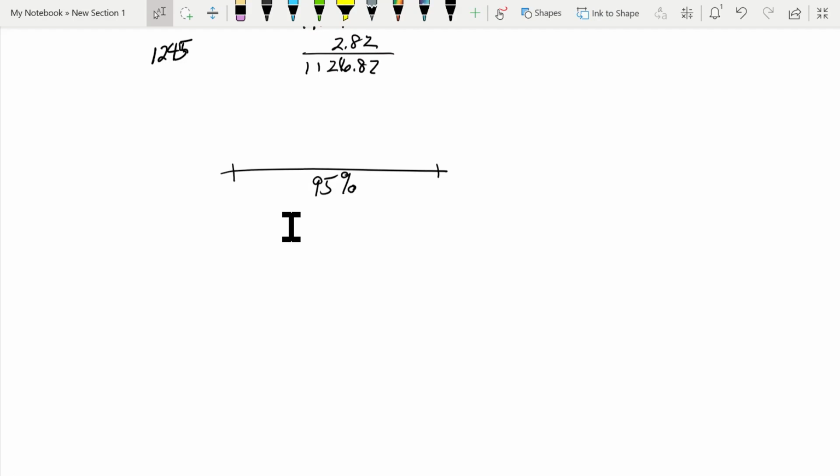I can only go from way back at negative infinity up to that lower limit, which I said was minus 2. What's the area to the left of 95% in the middle? 95 in the middle, what's on the outside? 5%. What's in half of that? Half of it here and half of it there. 2.5.